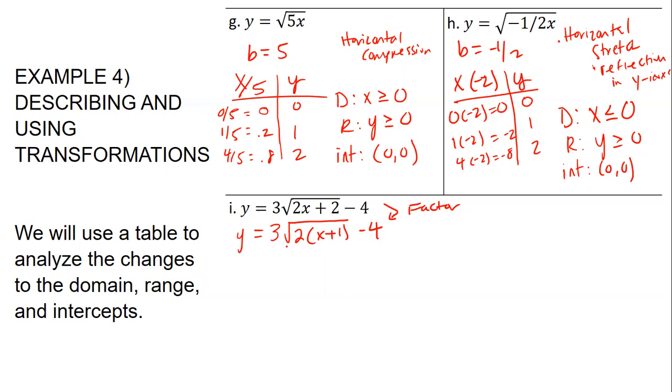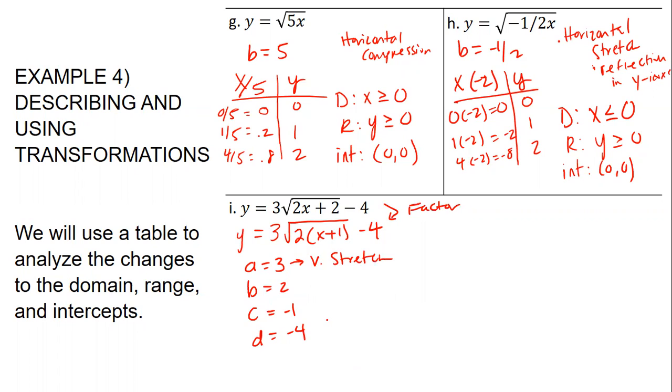And in its factored form, I know what everything is, right? I know that A equals 3, B equals 2, C equals -1, and D equals -4. And each one of these has a role. So A equals 3 lets me know that this is a vertical stretch.